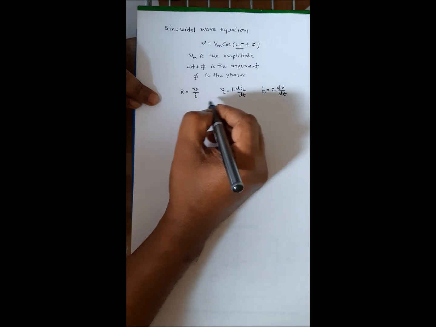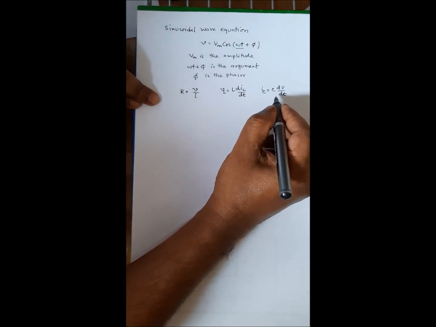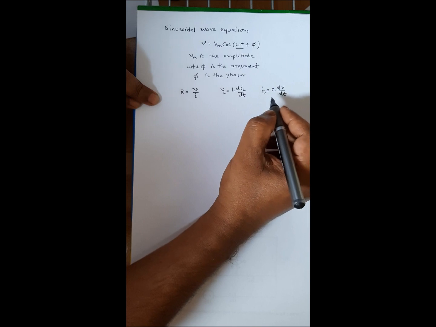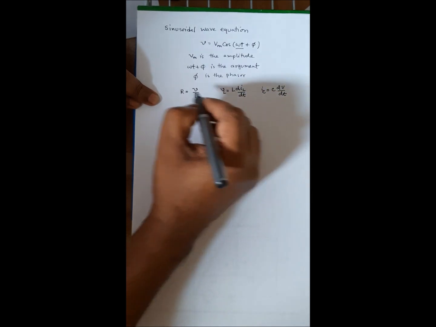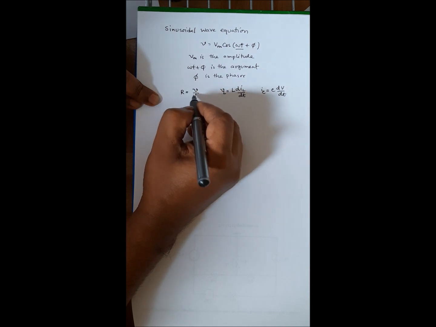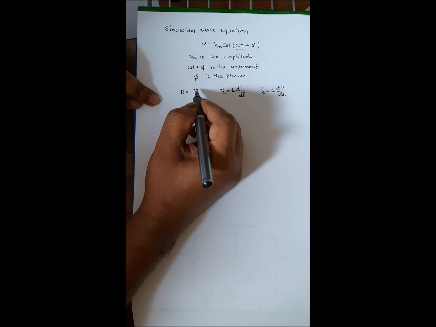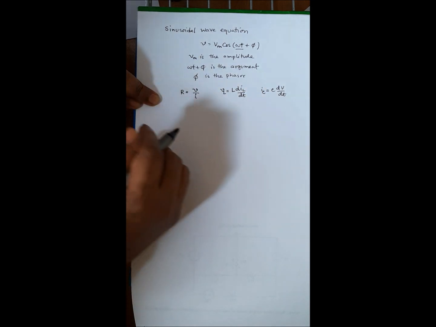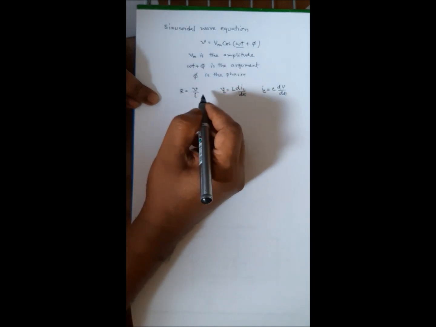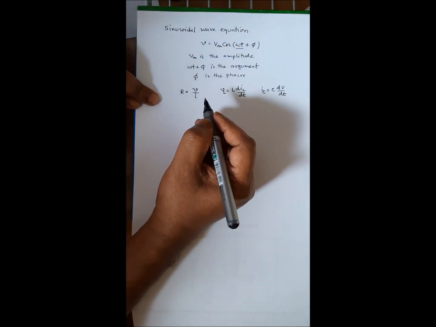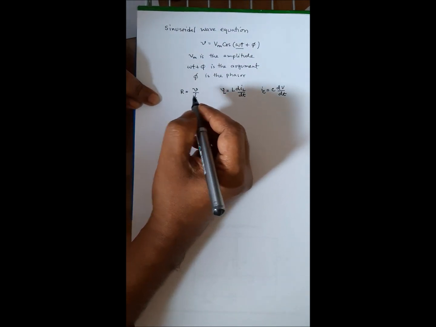So for every case that doesn't change the frequency. For example, if we operate a resistive circuit with either a voltage source or a current source, the response of this circuit will have the same frequency as the source.